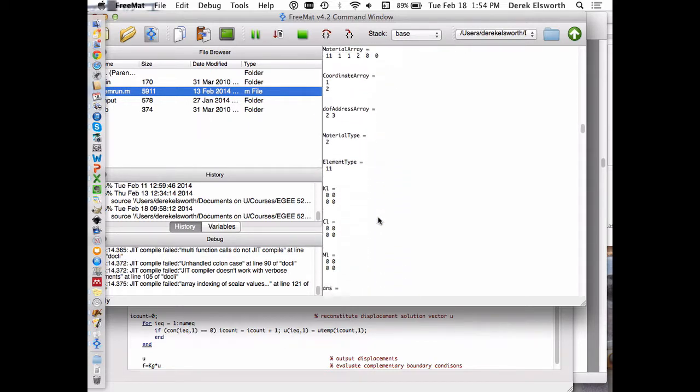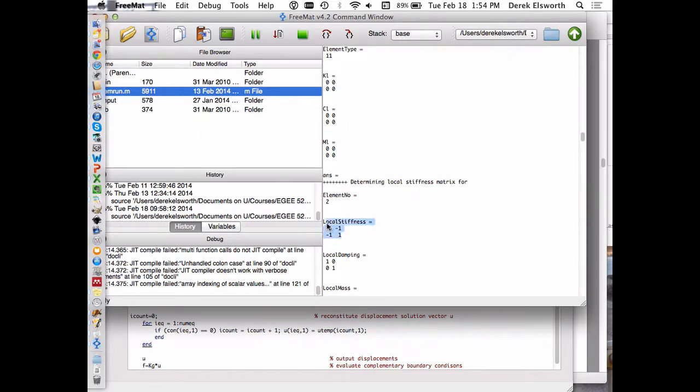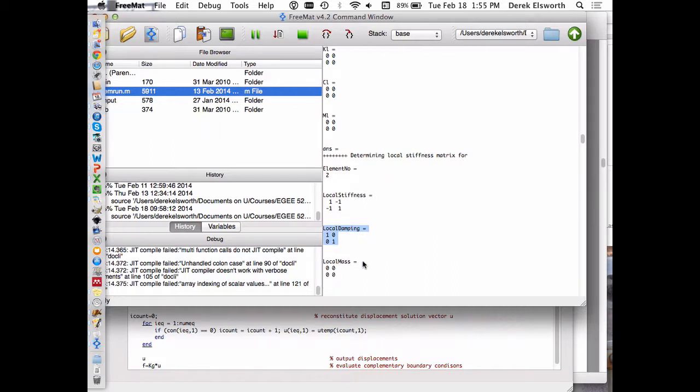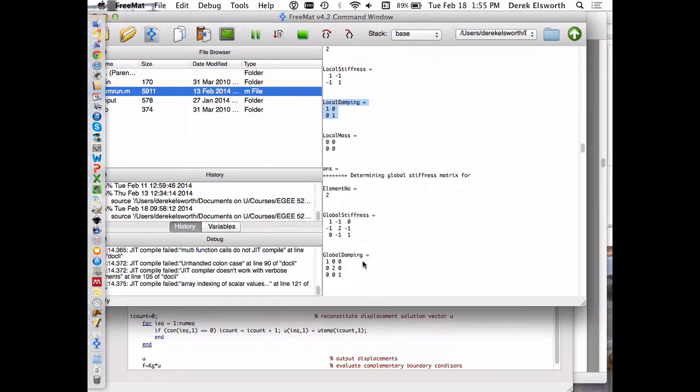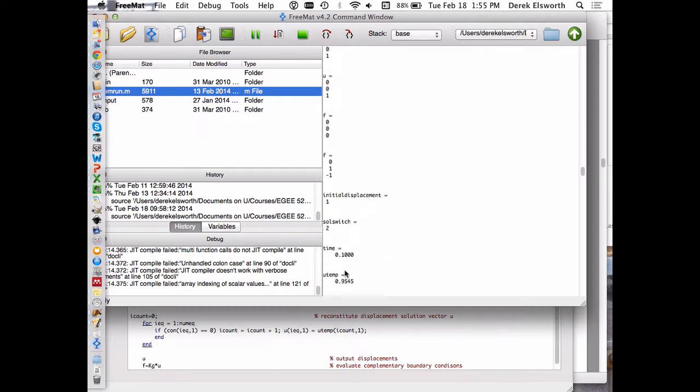It does it then for the second element, conductance matrix, capacitance matrix. It puts those 2 extra terms into the global matrix, so it puts 1, minus 1, minus 1 in here, and it puts in 1, 0, 0, 1 on the bottom term here. And that's the matrix it ends up solving to give us the magnitudes of the unknown.